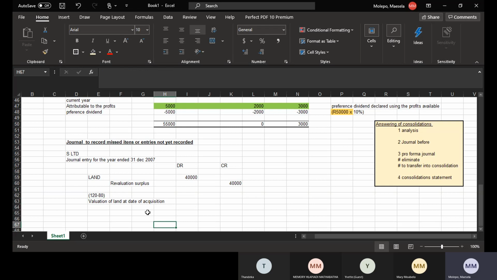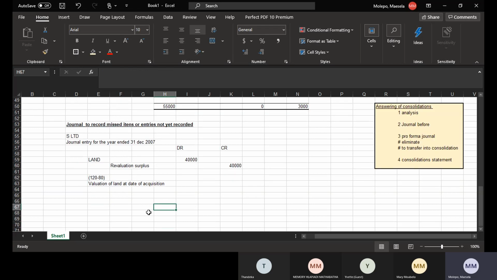Then we go further. Now we were told that there was inventory in transit. So when S Limited was about to close his books, he thought he had only inventory to the value of 10,000. And then he got an invoice that there was an inventory of 3,000, which is in transit, still coming to his premises. So now, as you already have the invoice at the end of the year, he has to account for that inventory.